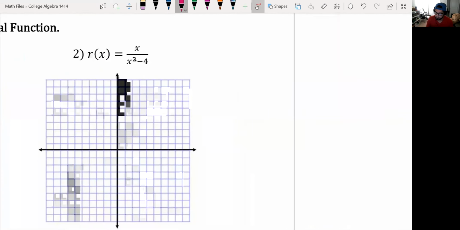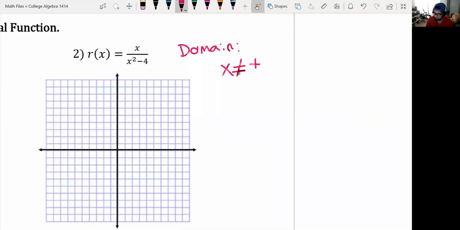Over here. Domain is x cannot equal plus or minus 2. Which means your vertical asymptotes are x equals -2 and x equals 2. Now all we have to do is plot them.